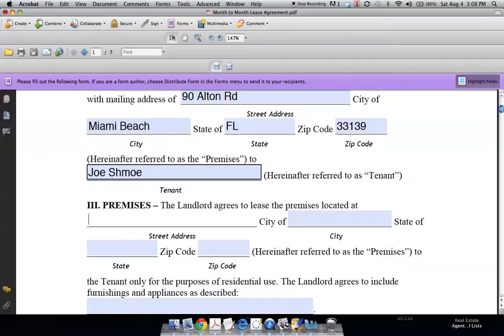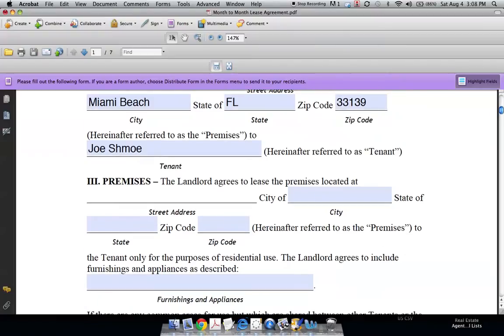But typically you write obviously the tenant's name in here. Agrees to lease premises located at, we'll say right next to our office, 92 Alton Road, Miami, Florida, zip code 33139.